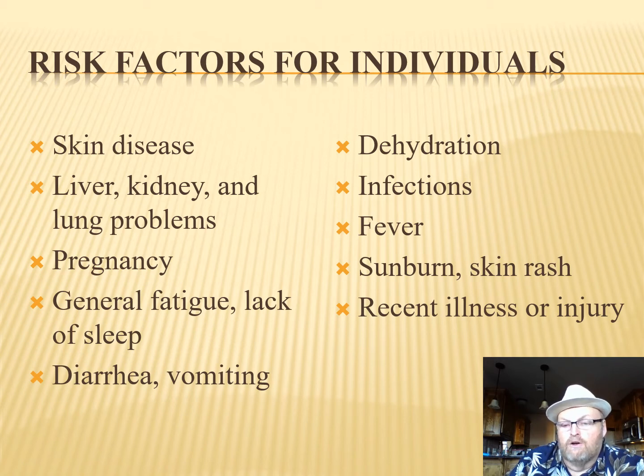Women that are pregnant are definitely at risk for these illnesses. Also general fatigue and lack of sleep, diarrhea and vomiting, dehydration, infections, fevers, sunburns, skin rashes, recent illnesses or injuries. There are so many little things that can put you at risk.